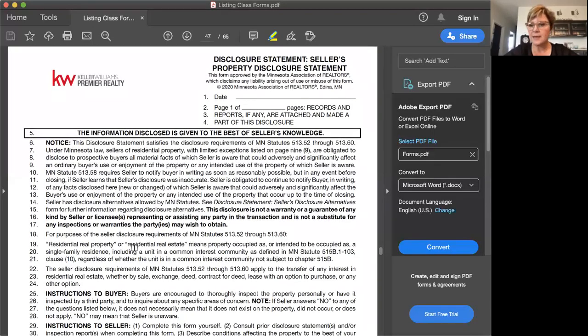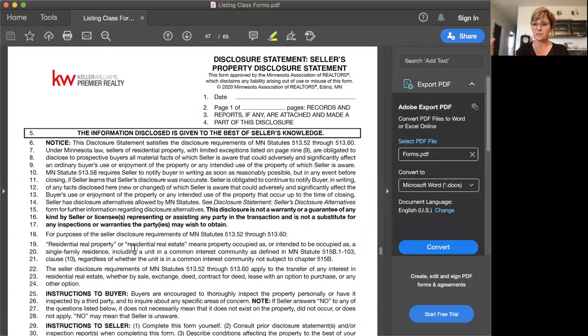Okay, then obviously your seller has to do a disclosure statement as well, right? They have to disclose what they know. Now there is this form, which is the seller's property disclosure statement. There is also a disclosure alternatives form, which is basically just disclosing the bare minimum, but in essence saying, I'm really not disclosing anything about the property.